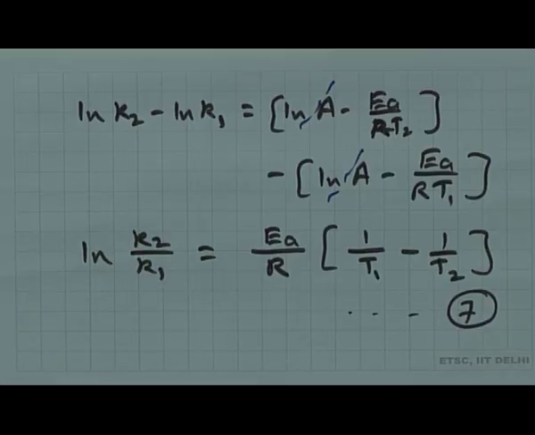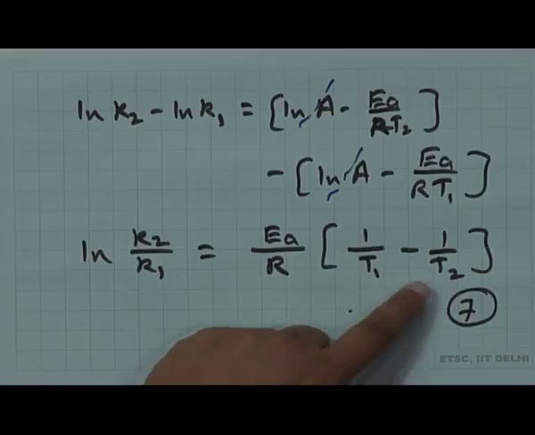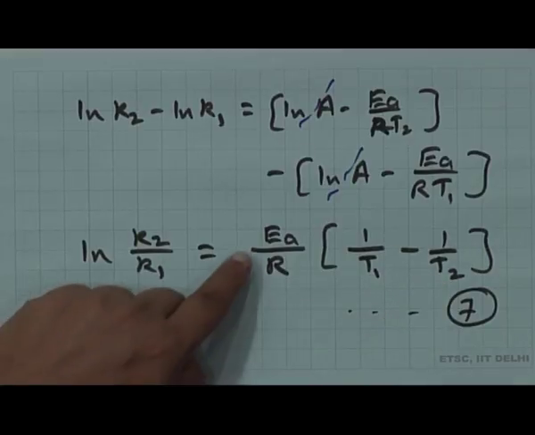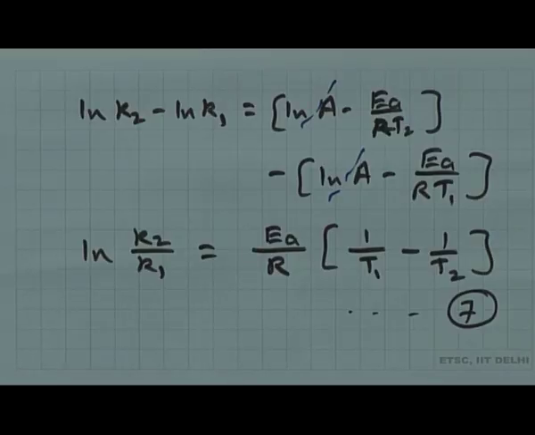That means to what extent K1 would increase to K2 if the temperature is increased from T1 to T2, and we can easily find this if we know what the activation energy is for the specific reaction. Hence, you go back to our initial statement, that means the magnitude of the activation energy.